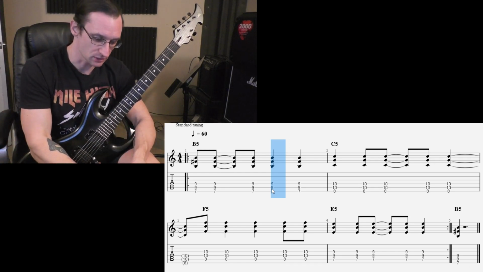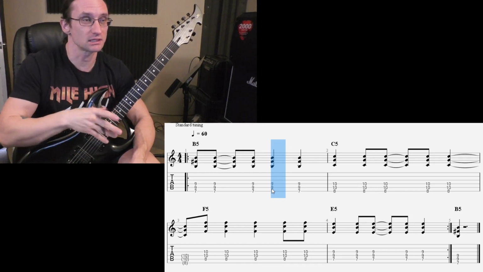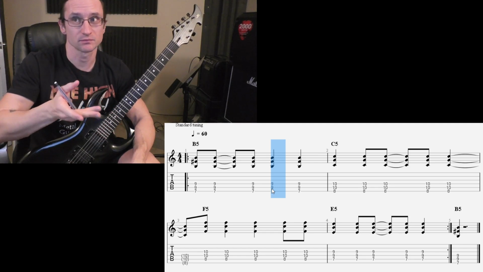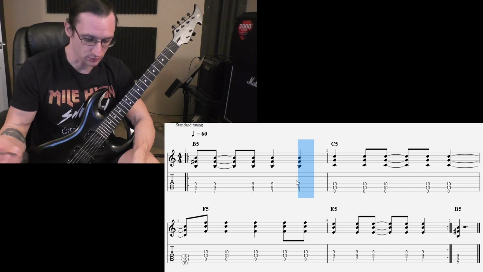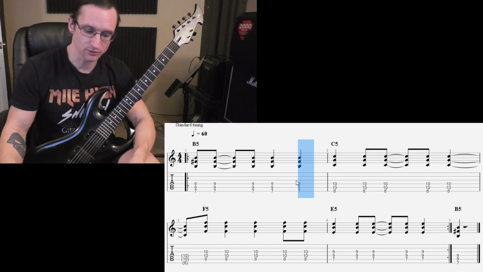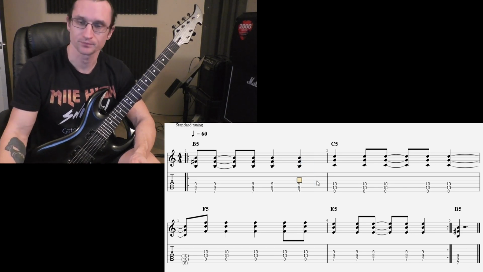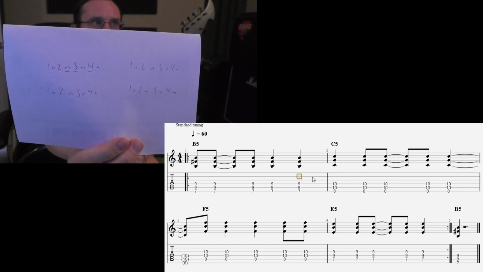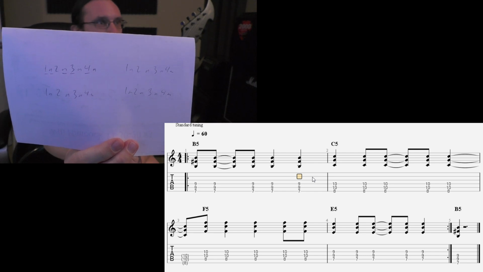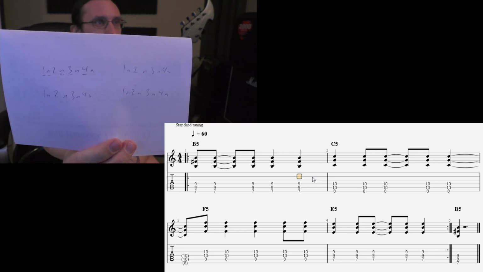So you just underline 3. You do not underline the and of 3, because you're not playing there. And then you also got this last quarter note, has to be the 4. So what you get is that. So I only got that first bar underlined now. So the 1 and 3, 4.